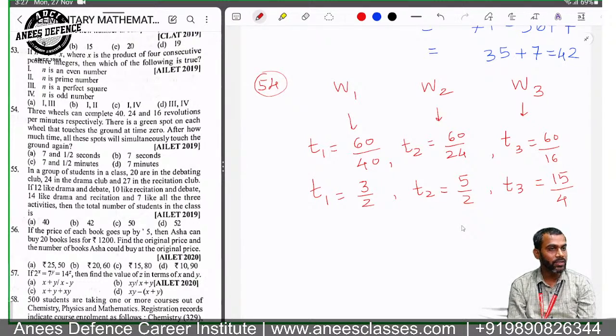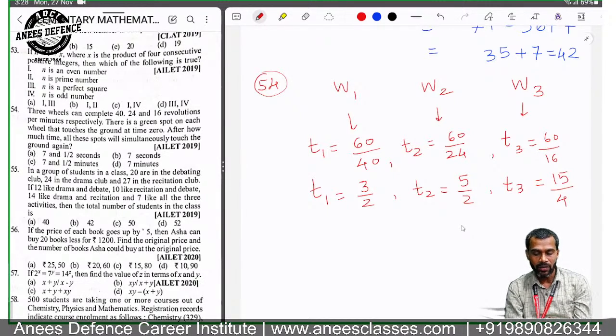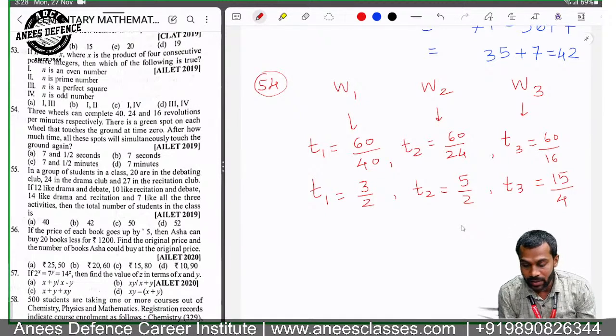The LCM is the least number which is divisible by every number. So we need the least time which will be a multiple of each and every number of revolutions, because after every revolution that spot is going to come. Yes or no?